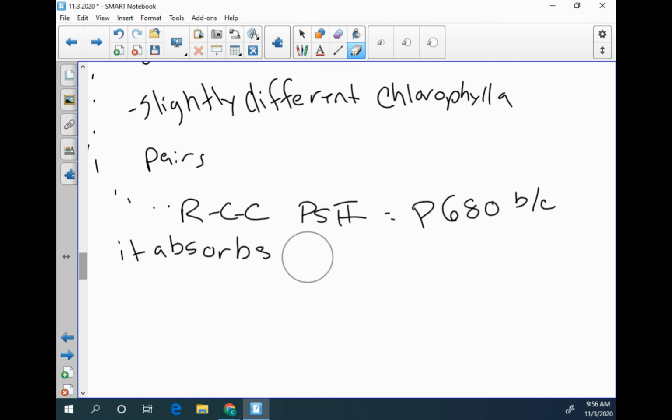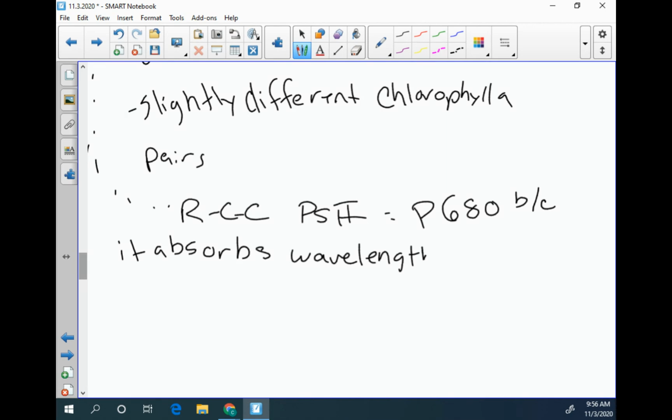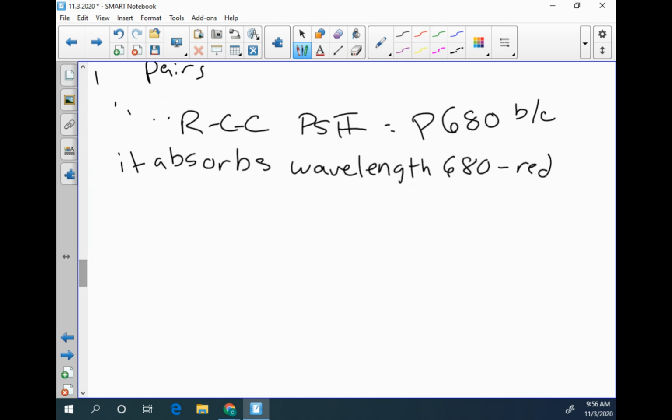And that is really, really red. That's the wavelength that it functions highest at. And PS1 is P700. So a very slight difference, and that is far red.